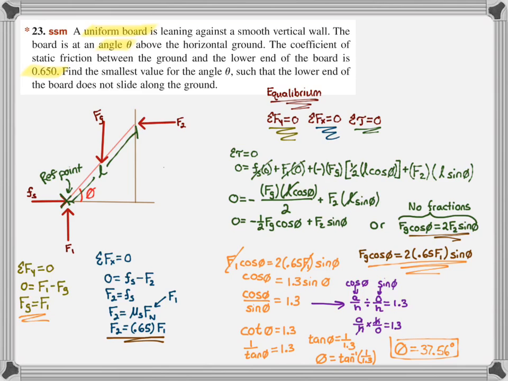The hypotenuse cancels out, and we have adjacent over opposite equals 1.3. And if we do the reciprocal of each one, we have opposite over adjacent is equal to 1 over 1.3, and opposite over adjacent is tangent. We need to start practicing some more of those trig identities to make this stuff work.